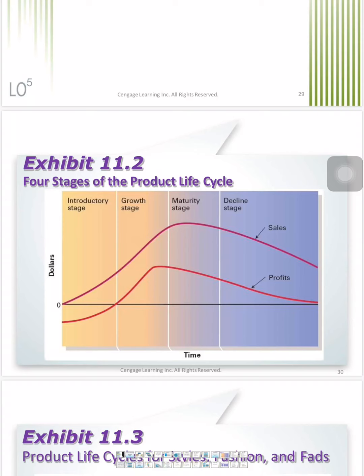Okay, next, which is the decline stage. Decline stage is where your product drops in sales. Okay, which is a long-run drop in the sales. Okay, this stage is where there is a large inventory of unsold items.